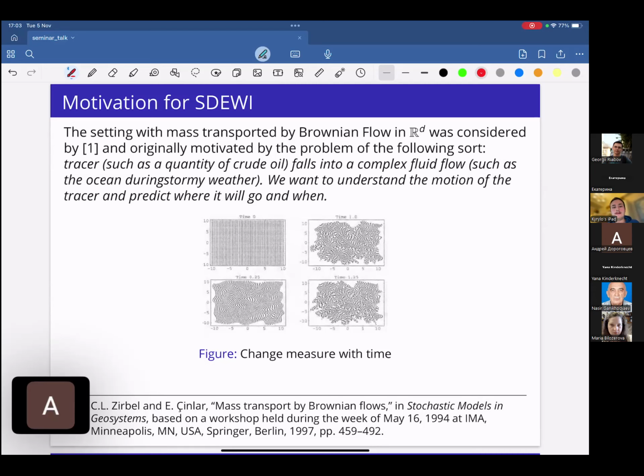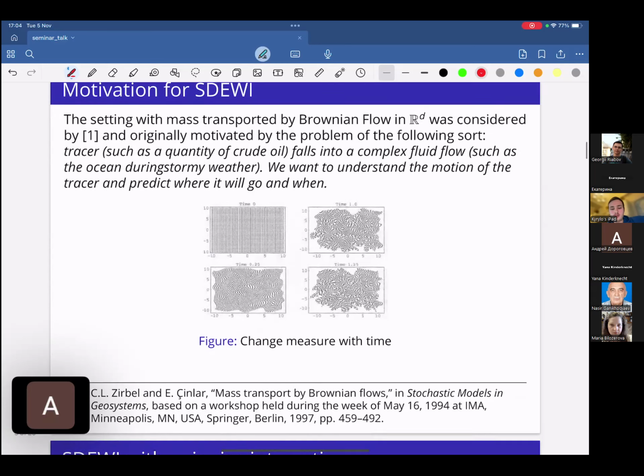They provided an example with pictures. For example, consider tracers, such as a quantity of crude oil that falls in a complex fluid flow, like the ocean, and we want to understand the motion of the tracer, in this example oil, and predict how it changes. So the whole theory has some background behind it.